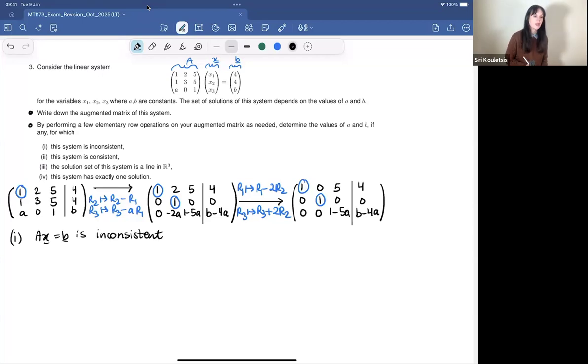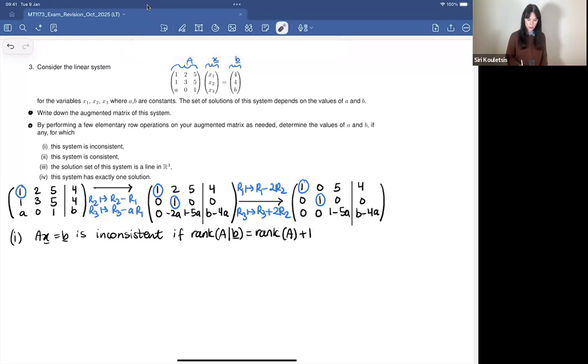The system is inconsistent if the rank of the augmented matrix AB is equal to the rank of A plus 1, meaning that there will be one more leading one here in the augmented matrix than in the coefficient matrix here.